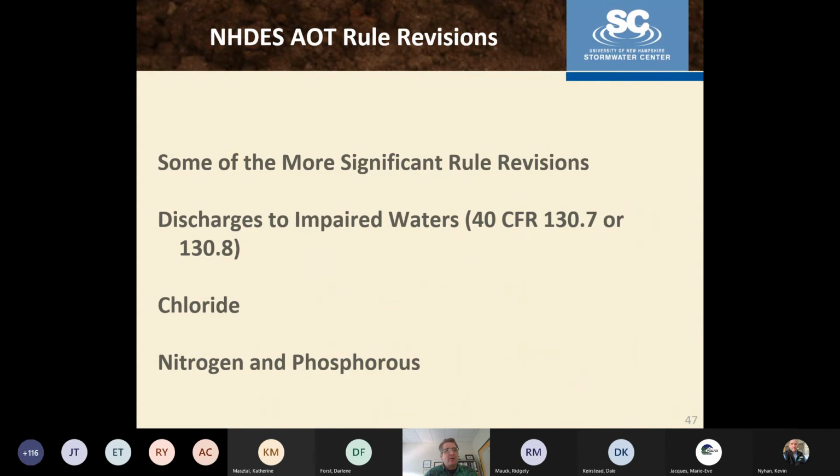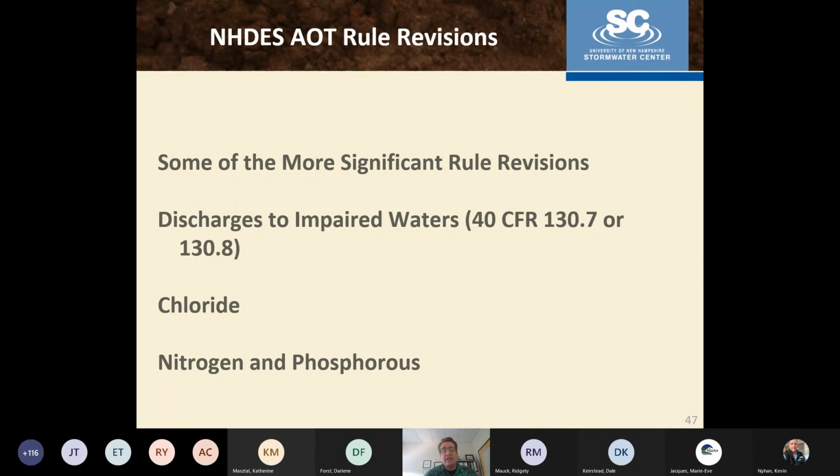And we're very fortunate in New Hampshire to have a very innovative, very effective program to control the source of chloride, and that's the Green SnoPro program. So pretty special, pretty unique here. New Hampshire is really leading in that category throughout the country.